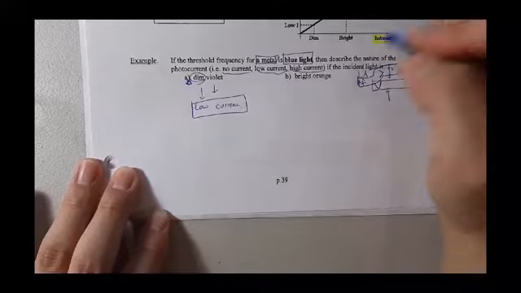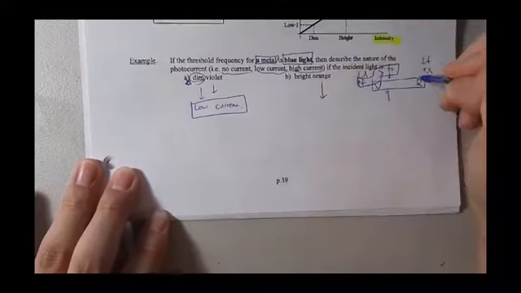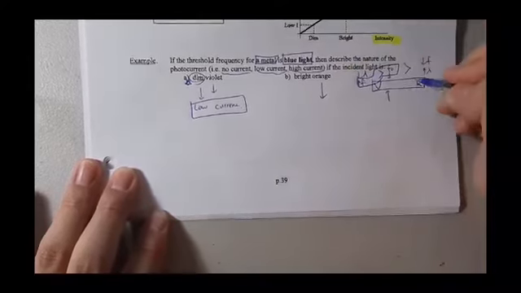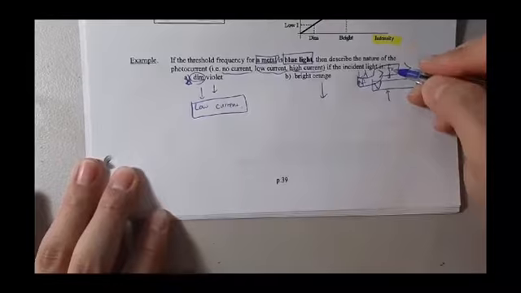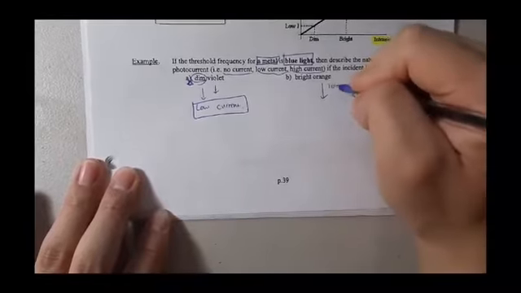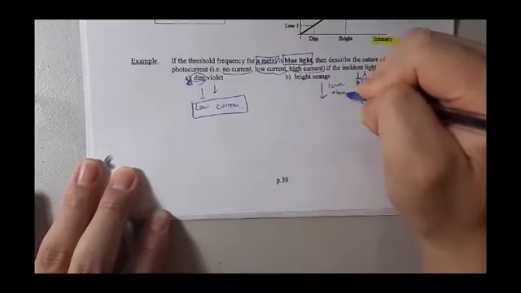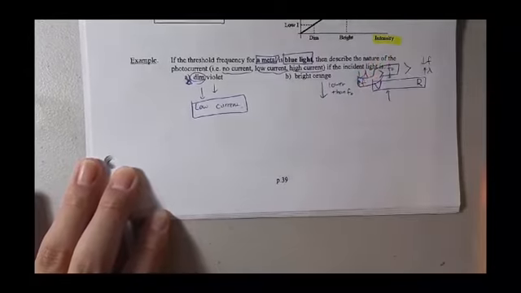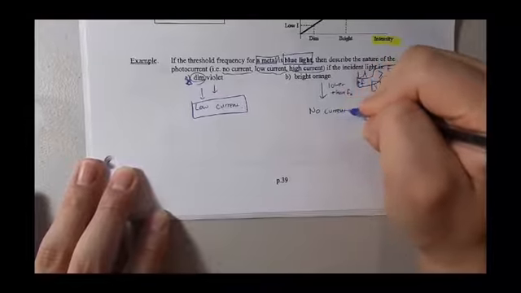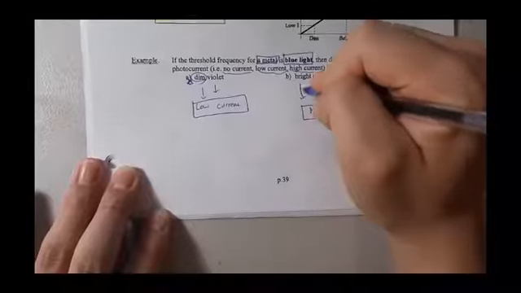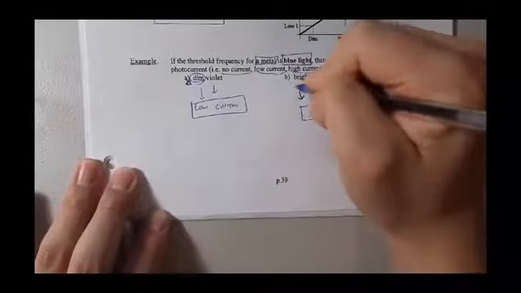What about the orange? If you look at the orange situation, orange is basically a lower frequency than the threshold. Because it's lower than f0, you need to understand that there is zero current, no current. At this part, brightness, so intensity, doesn't matter.